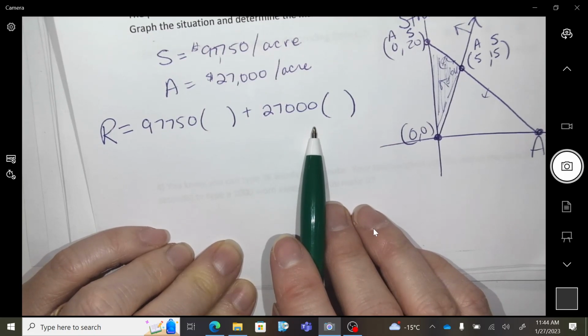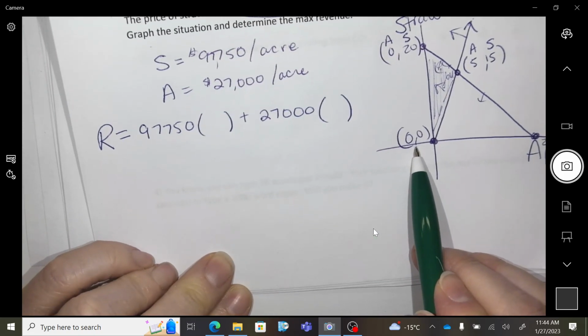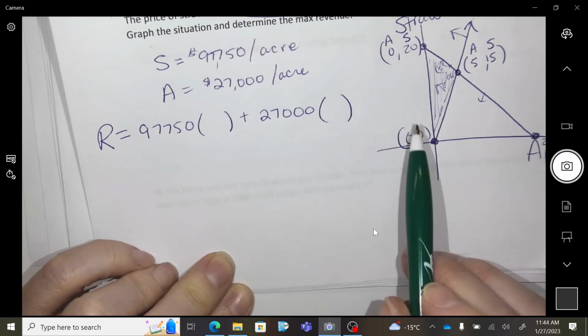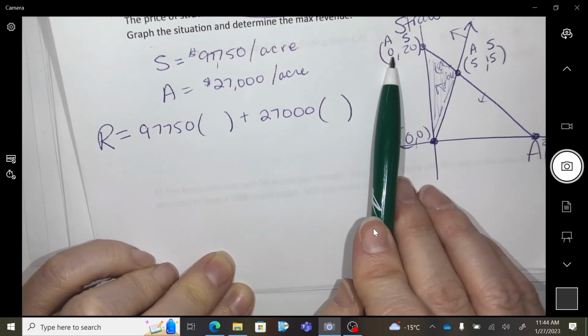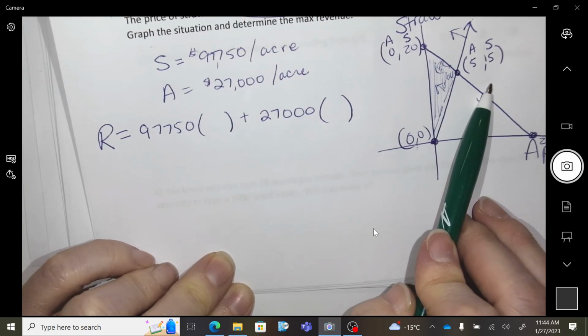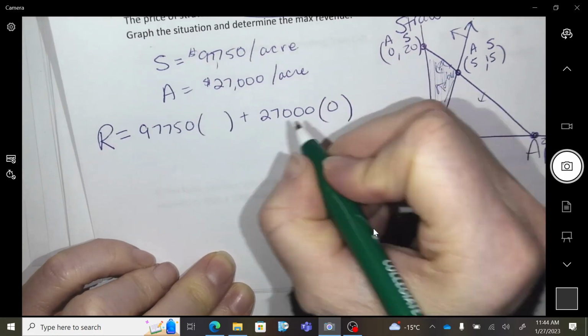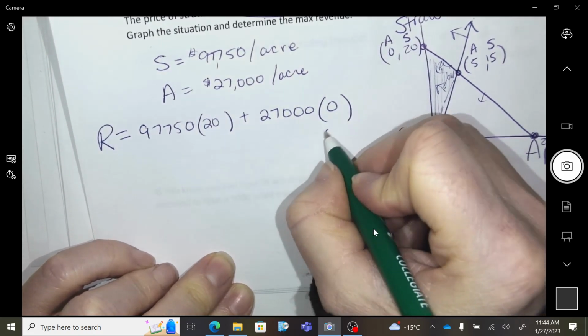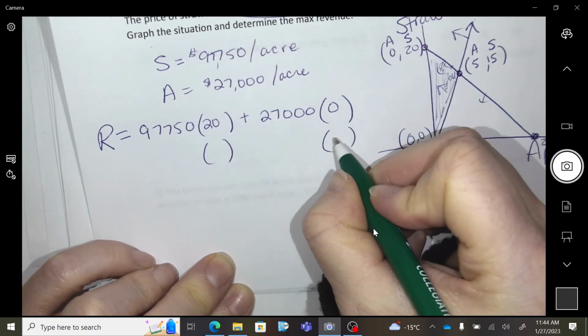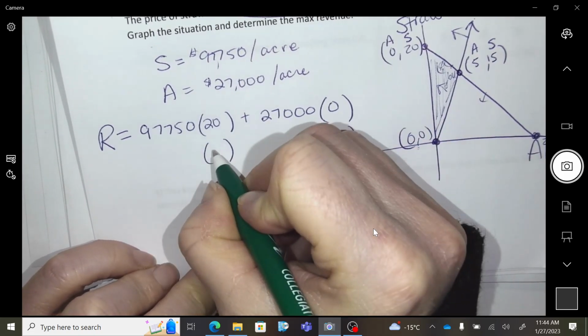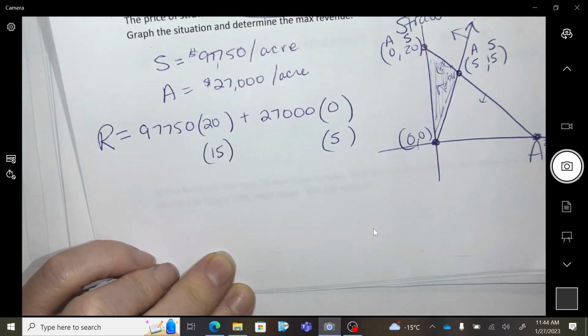I'm going to plug in the coordinate. Well, 0, 0 is out, right? We're not going to even bother that point. So we'll plug in this coordinate and then this coordinate. So 0 apples and 20 strawberries. And then the next time we'll plug in 5 and 15.